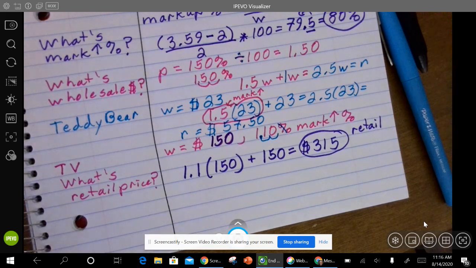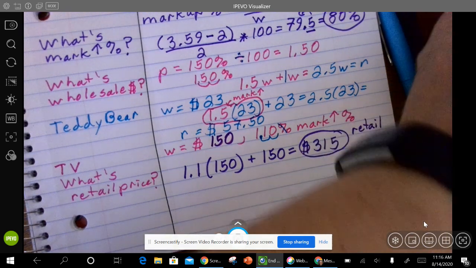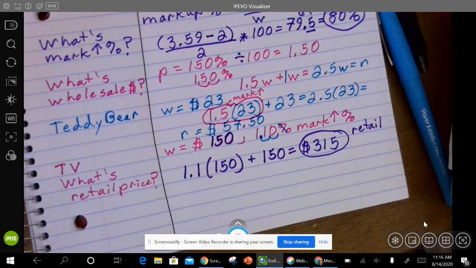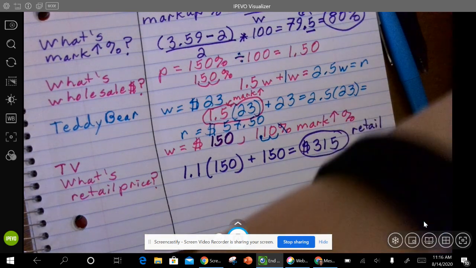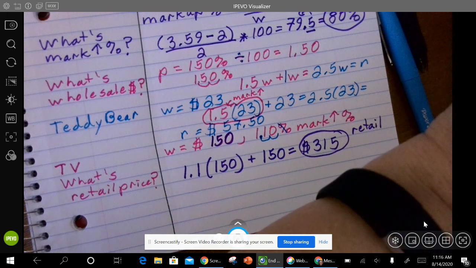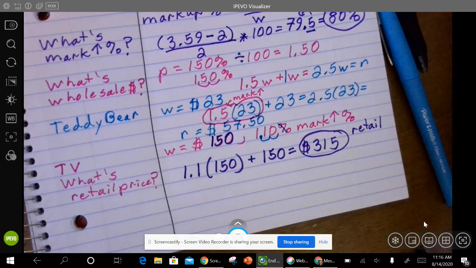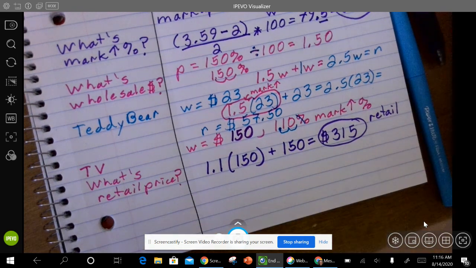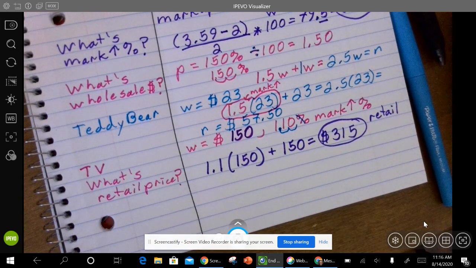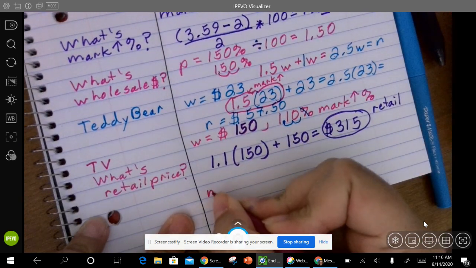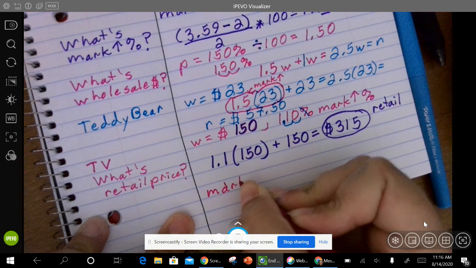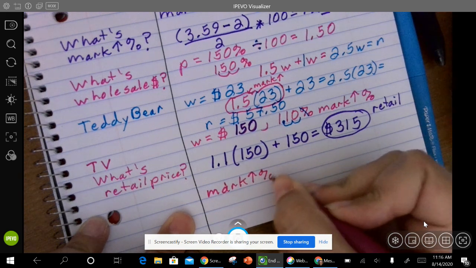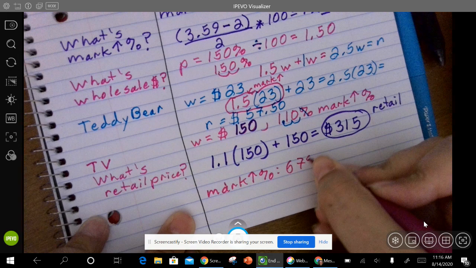Okay, so what if, everybody, we have the price, okay? So we have the markup is going to be 67%.